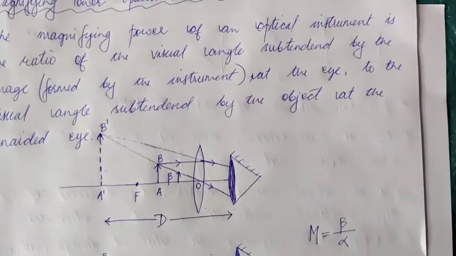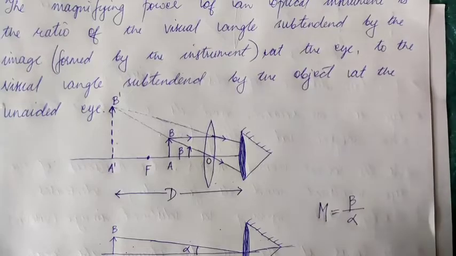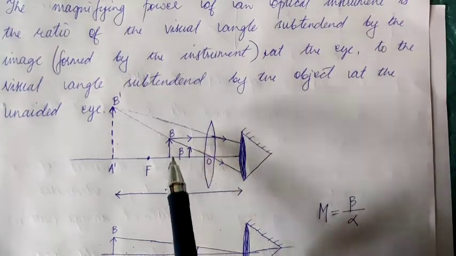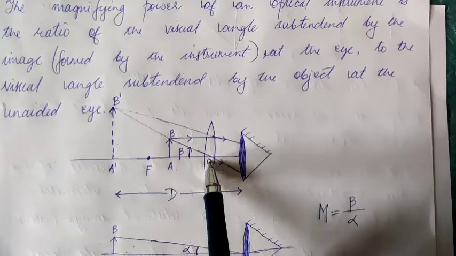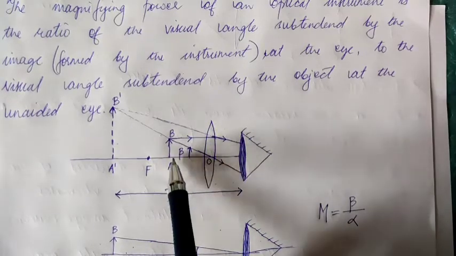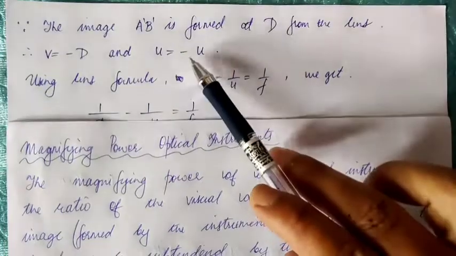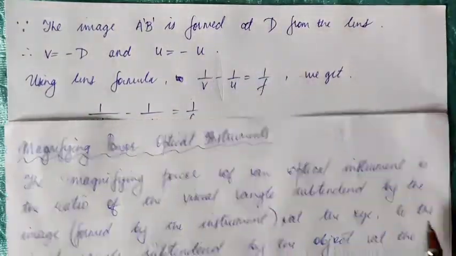Now we will see this picture again. From this picture, AB is on the left hand side of the lens, so the object distance U is negative, minus U, using sign convention.